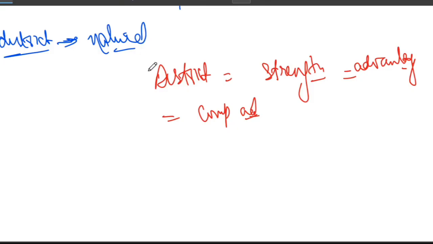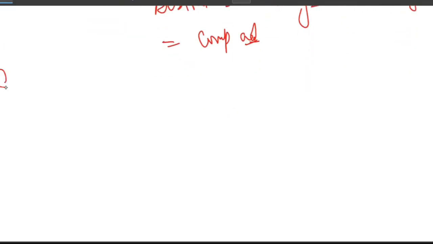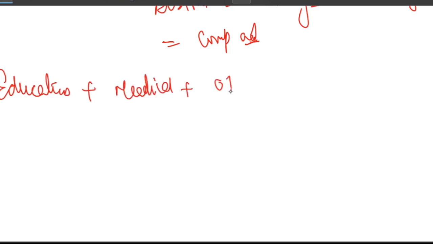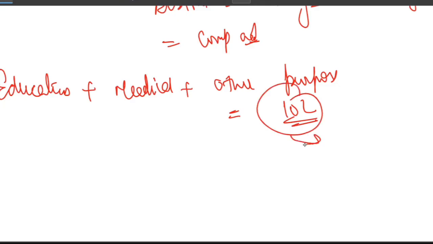The rule is that education plus medical plus other purposes all share a combined threshold of 10 lakh. This 10 lakh is consumed in the order of transaction.